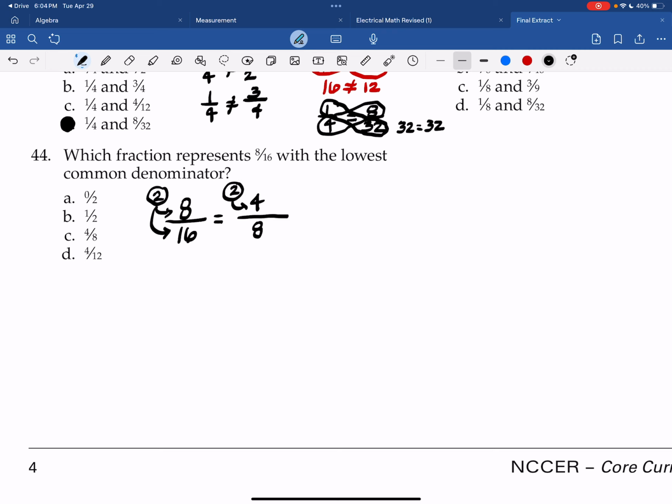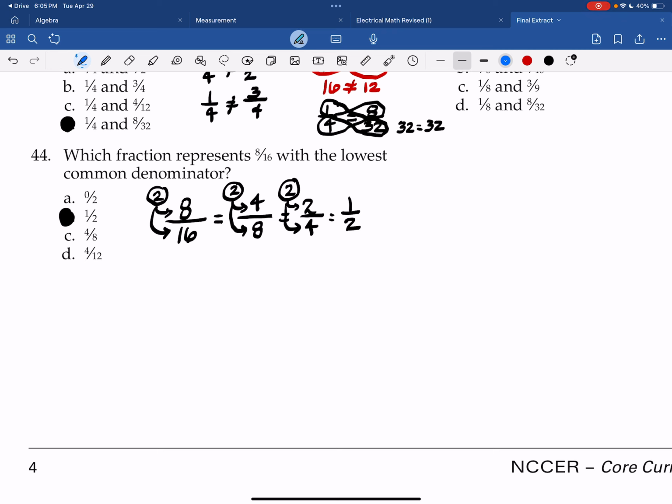I know it'll go by 4, but I want to show you something here. 4 divided by 2 is 2. And 8 divided by 2 is 4. And it'll go yet again by 1 and then 2. So 1/2 is what I'm looking for.